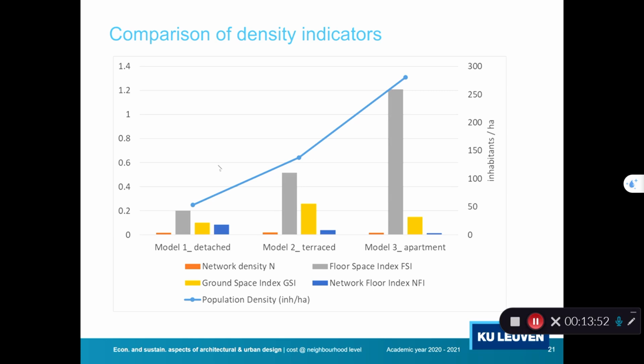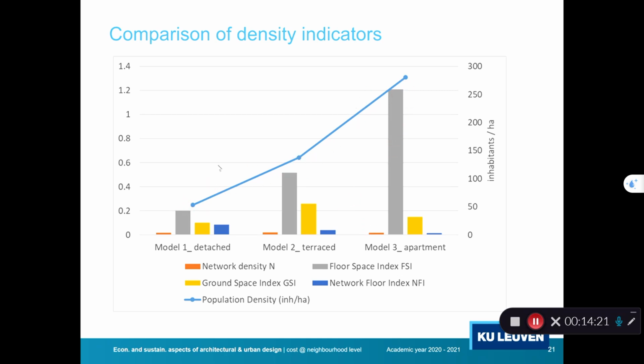So the floor space index is the ratio between all the floor surfaces, so not only the ground floor but all the levels, divided by the available plot, so the available land. And the population density is the number of inhabitants per available land. So if the number of square meters floor per inhabitant is the same for the three dwellings, it is logical that this trend is identical.